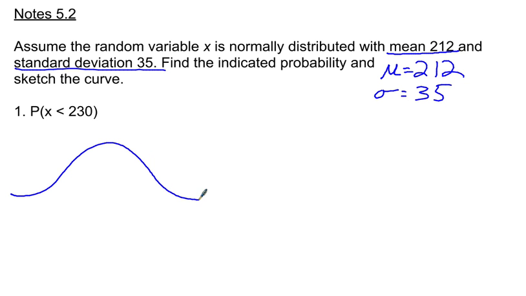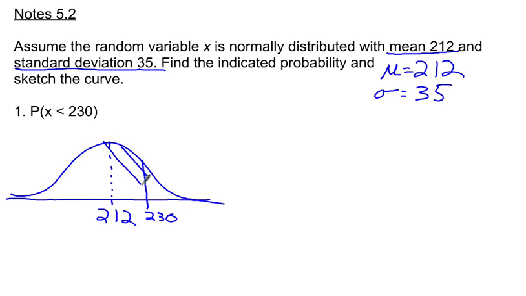This time when I sketch my normal distribution, my mean is not 0 right now. My mean is 212, as given to us in the problem. Now our standard deviation is 35, so 230 is going to be within one standard deviation. I'm going to estimate that it's about here. We want the probability that x is less than 230, so we're looking at the area to the left.